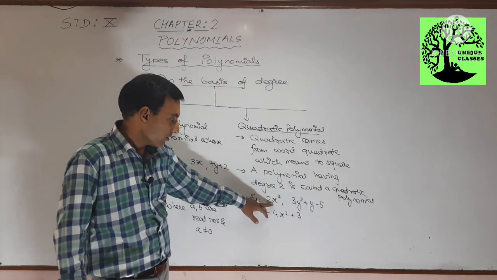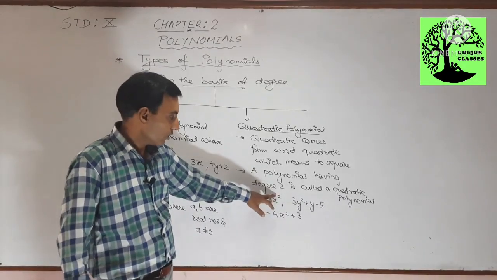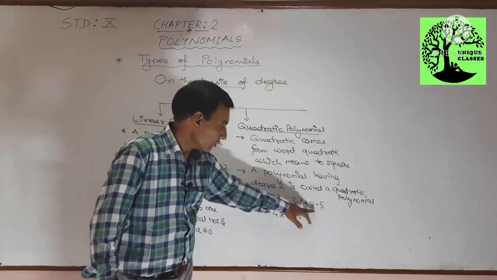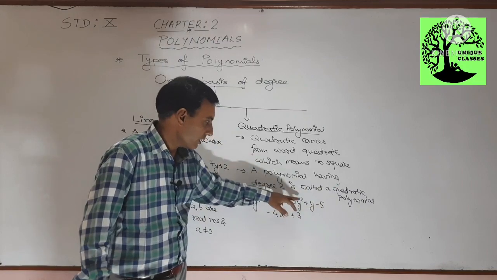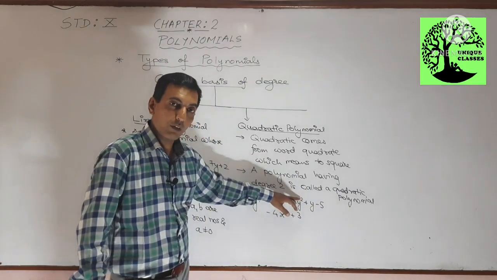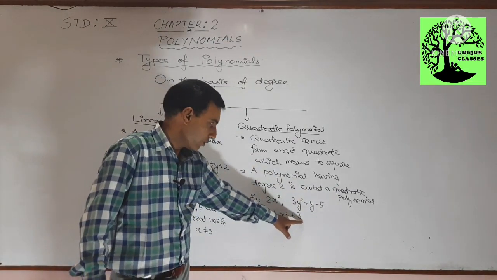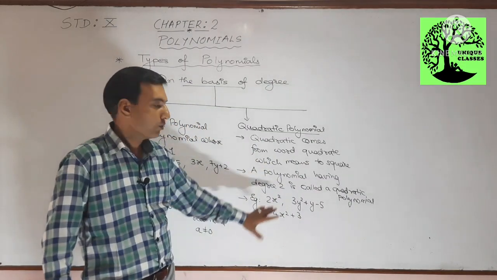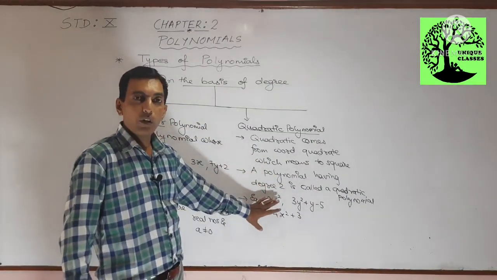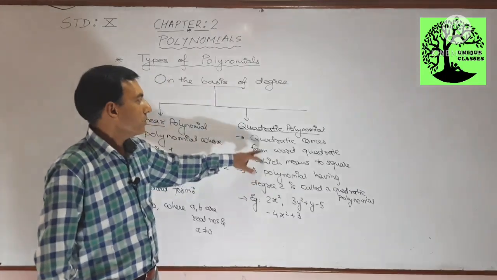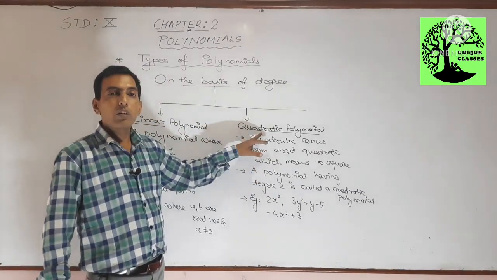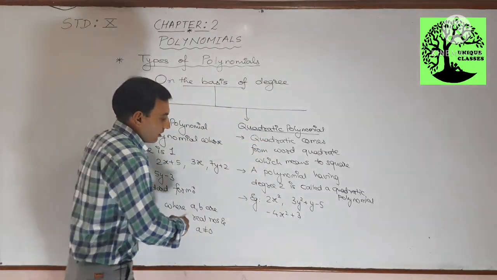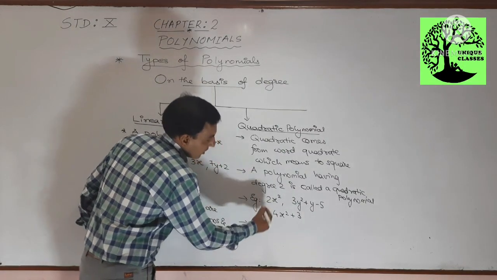You can find here in this one the degree is 2. Here also in this polynomial the degree, that is the highest power of the variable, is 2. Here also the degree is 2. So, if the degree is 2 in a polynomial, then the polynomial is said to be what? Quadratic polynomial.